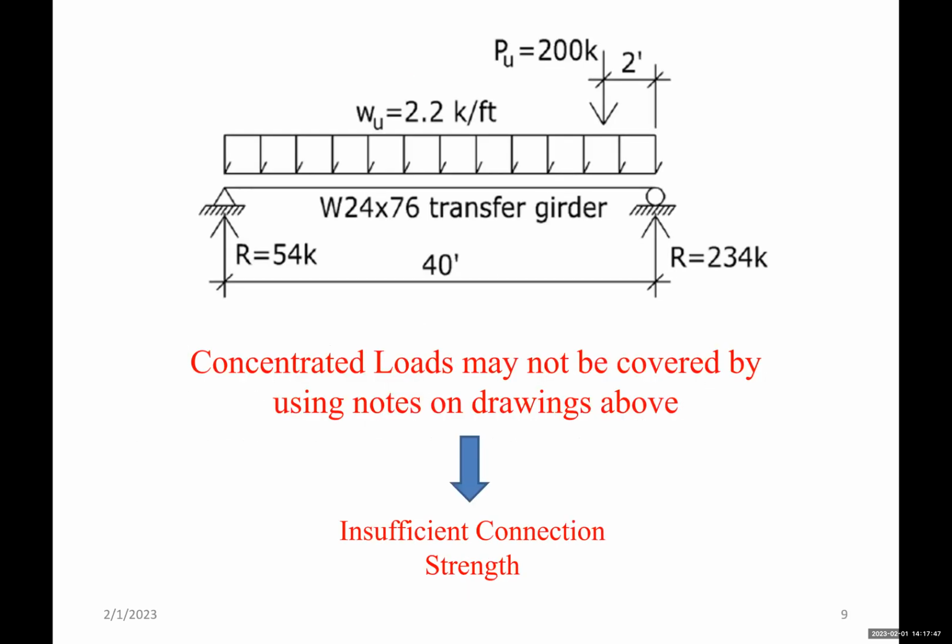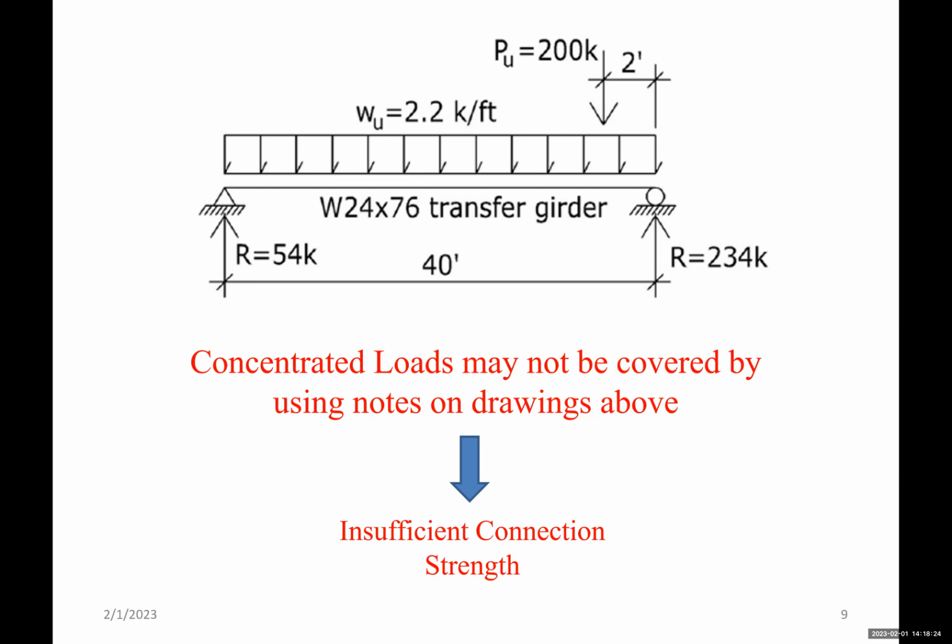So here, for example, we have a beam like this. So we threw this note on the drawings that should deal with it. Okay, but we have a beam that is supporting, let's say, a column or an equipment that has a concentrated load on it that's equal to 200 kips, at 2 feet from one of the supports, plus the uniformly distributed load that's on the beam.